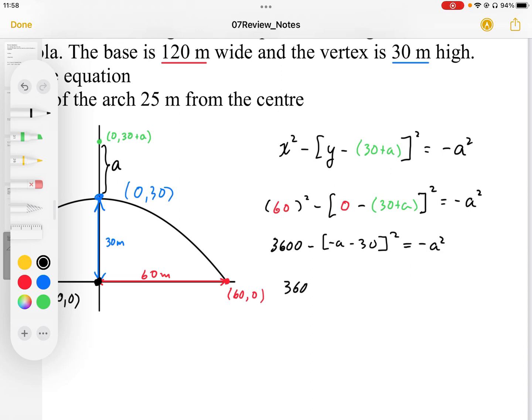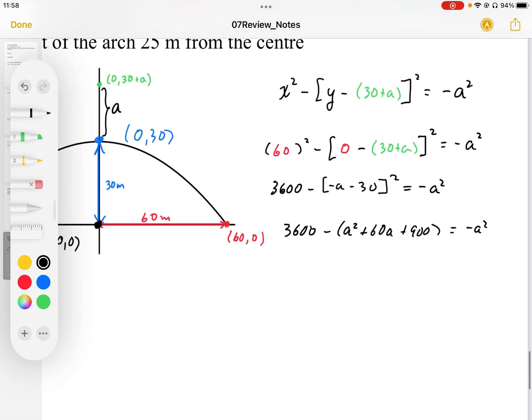When I expand that bracket out, I end up with a squared plus 60a plus 900 equals negative a squared. So I get 3,600 minus a squared minus 60a minus 900, that's equal to negative a squared.